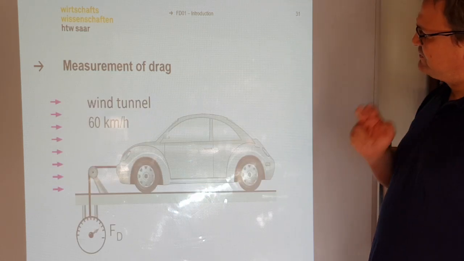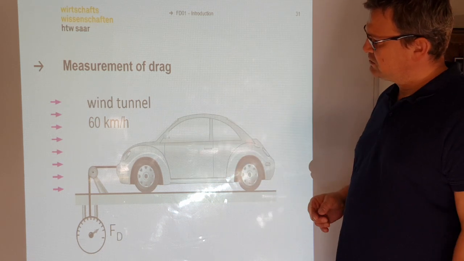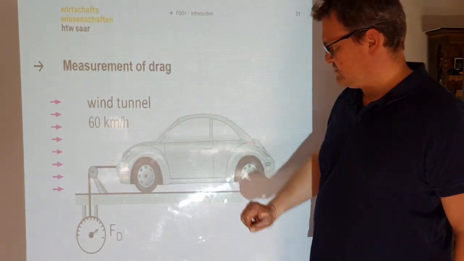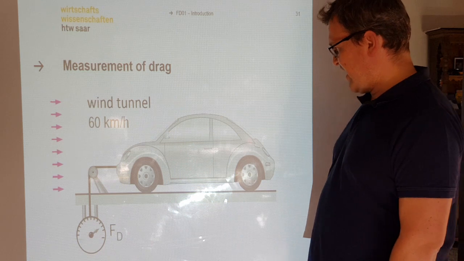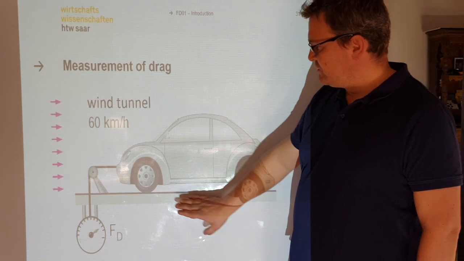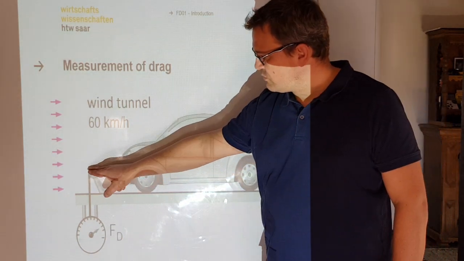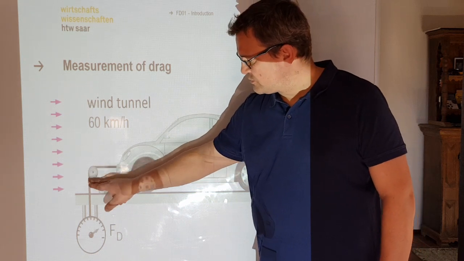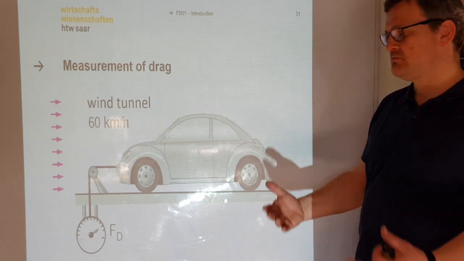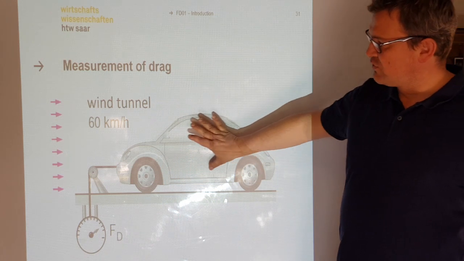One way to measure fluid flow, for example, if you have a car and you have a wind tunnel, and we know the air is about 60 kilometers per hour fast. What can we do in the wind tunnel? For example, we can make a force measurement here. We have a rope over a roll, and here we have force measurement, maybe a spring, and then we can measure how big the force is.